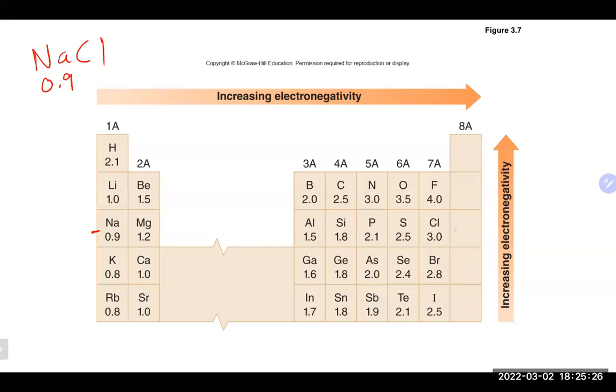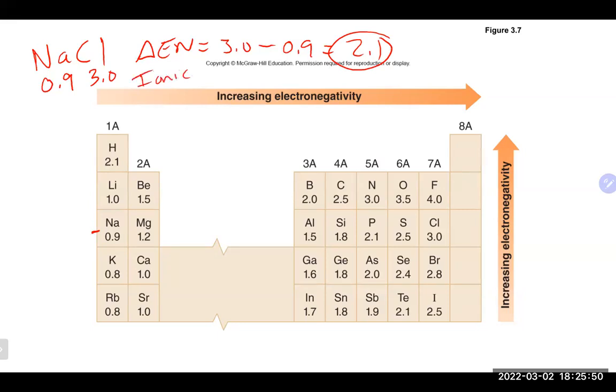I would look at chlorine, which is 3 on the table, and basically just take the larger number minus the smaller number. So the difference in electronegativity here will give me 3 minus 0.9. That gives me a 2.1 value. So remember that anything above 2 is ionic. So that is again why we get a transfer of electrons here.